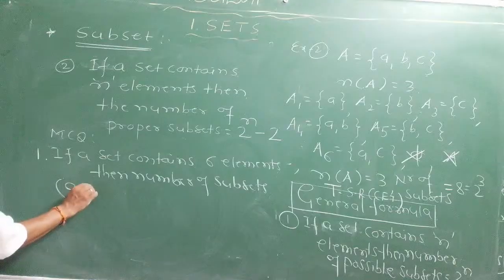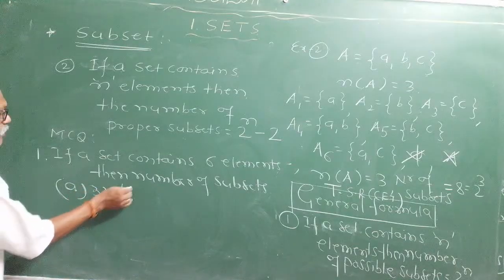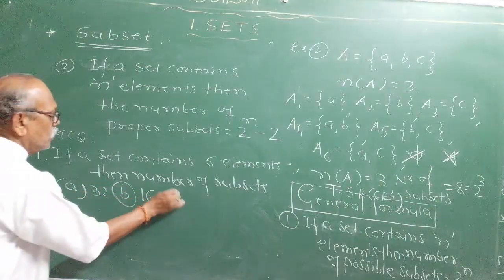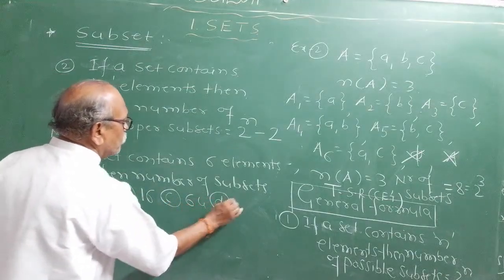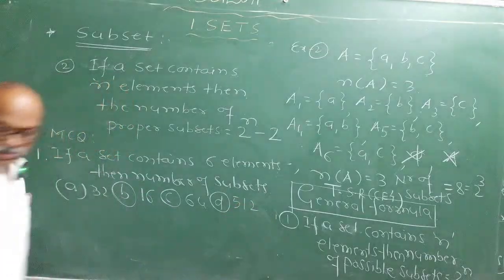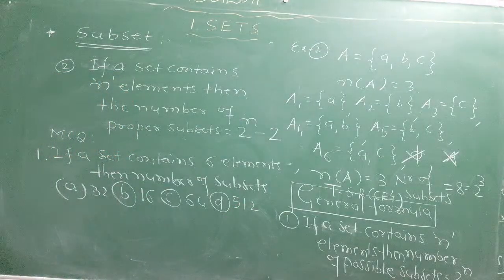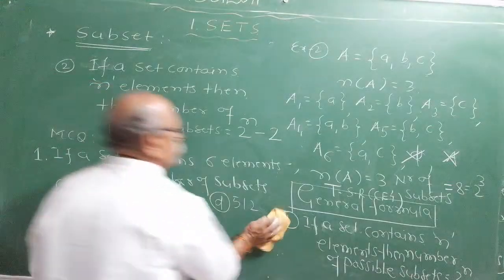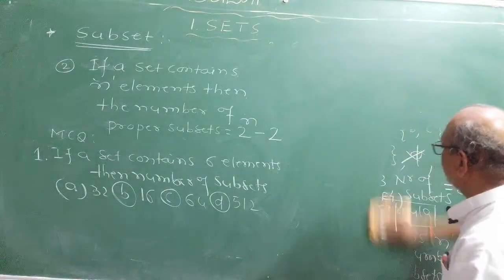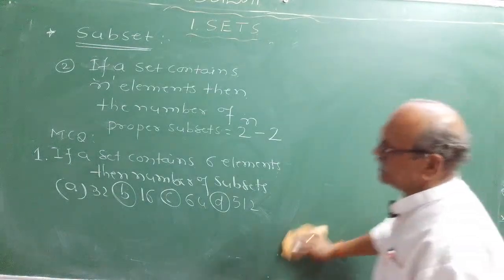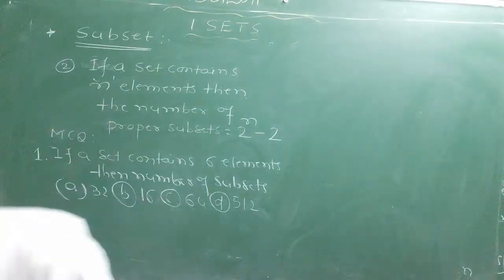Option A 32, option B 16, option C 64, option D 512. Choose the correct answer. Let's see here. Write the answer which is correct. Try to use the formula. Which option is correct? Answer.